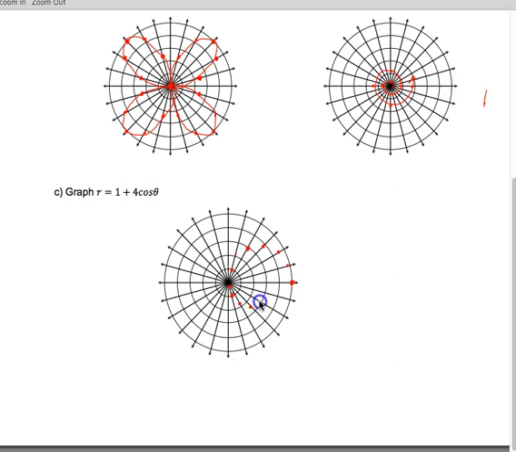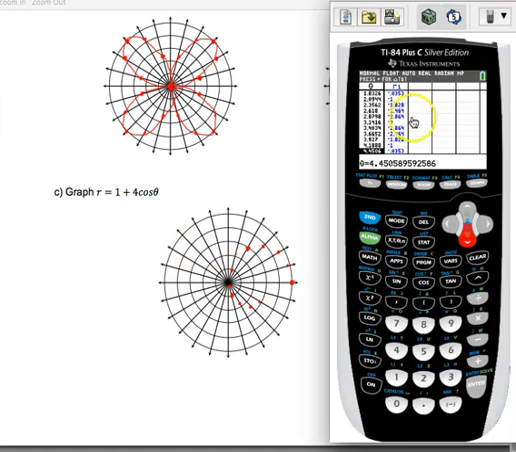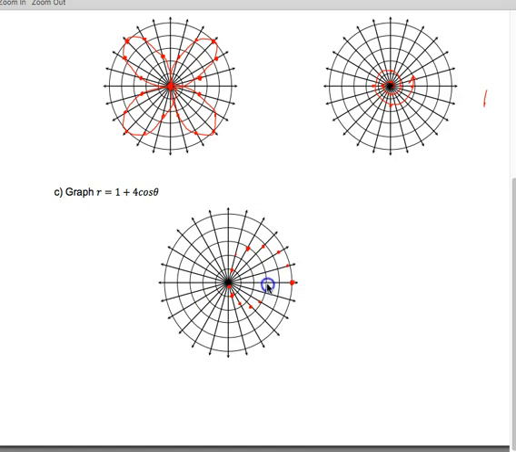The negative 2.8, because again, it's all going from this direction. And then we have negative 3. At pi, we get over to negative 3, which would bring us here.